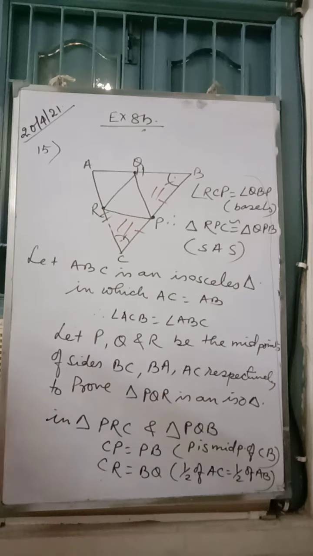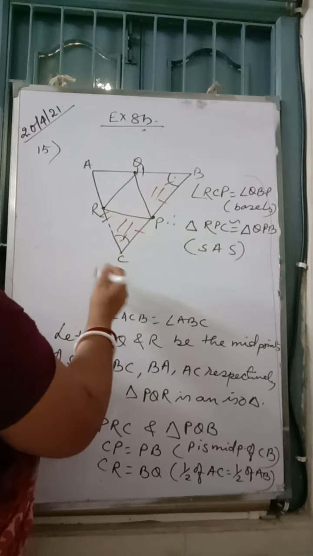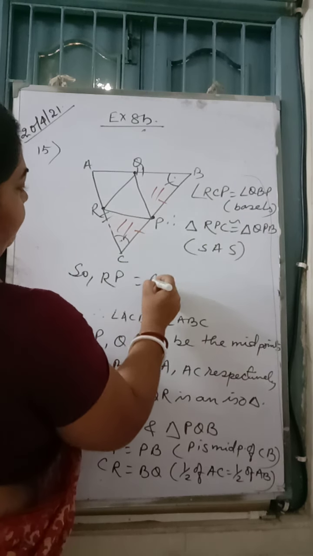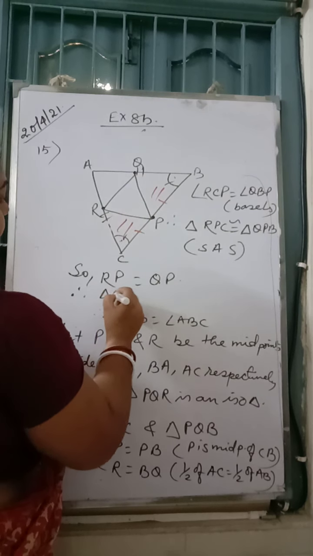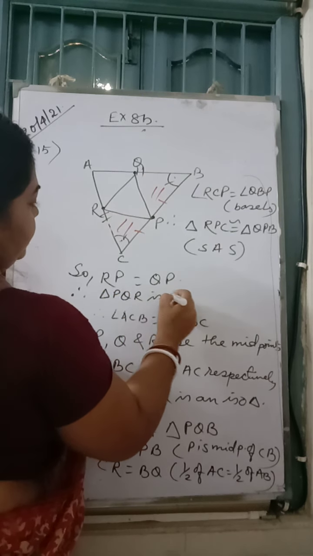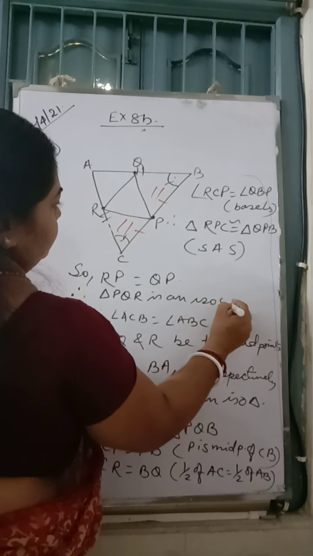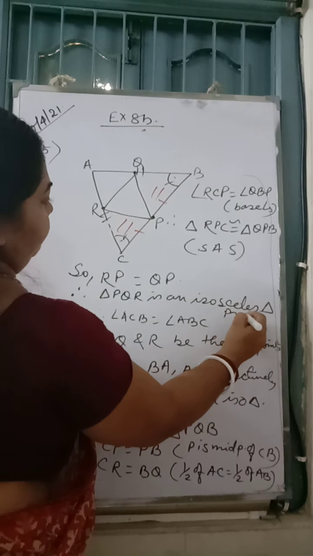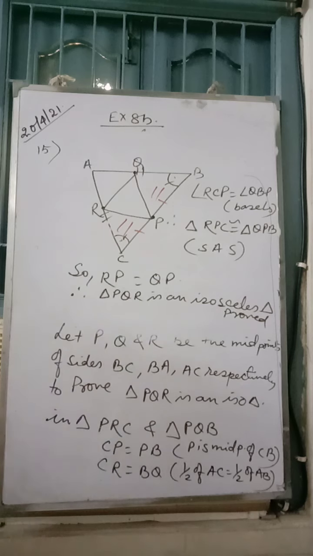If these two triangles are congruent, we can write RP is equal to QP. So therefore, triangle PQR is an isosceles triangle. Proved. This only we had to prove. This is question number 15.